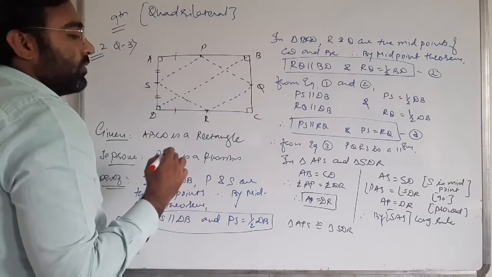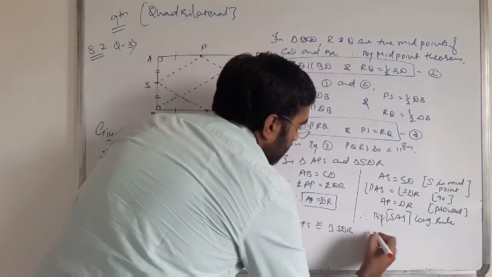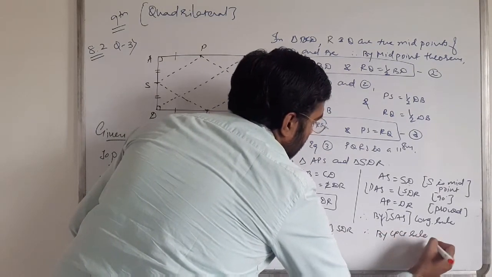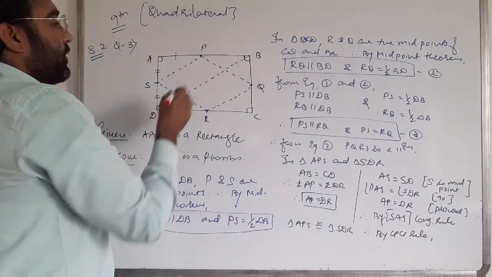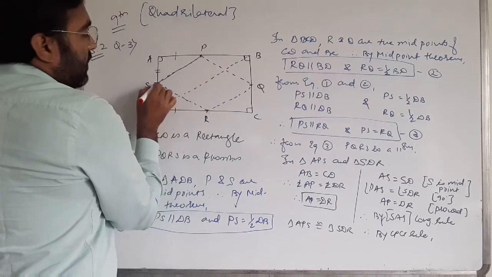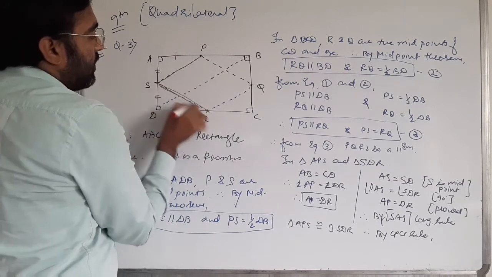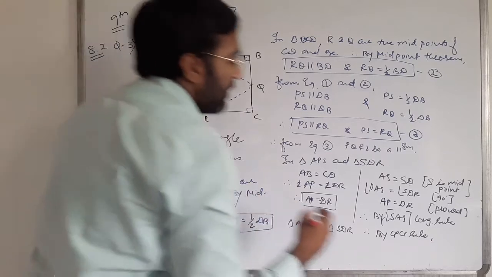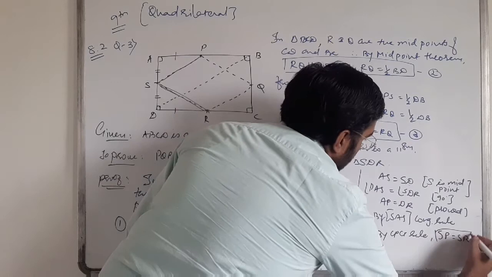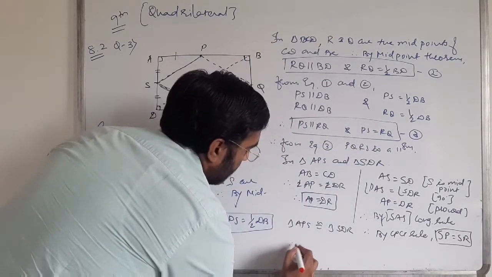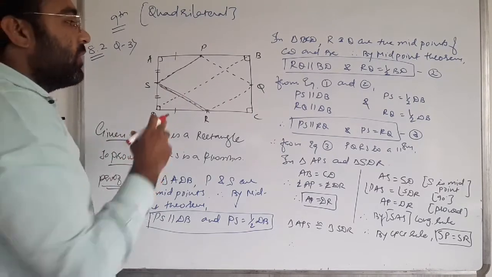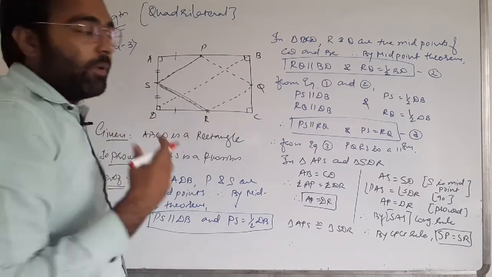Therefore, by CPCT, SP is equal to SR. Now I have proved that two adjacent sides of the parallelogram are equal. PS is equal to SR, and SR is equal to PQ because opposite sides of a parallelogram are equal, and SP is equal to RQ. So all these sides are equal to each other.